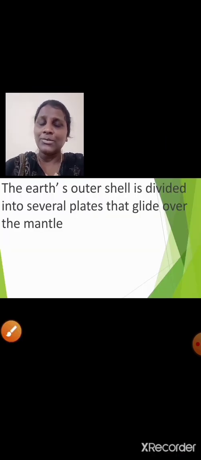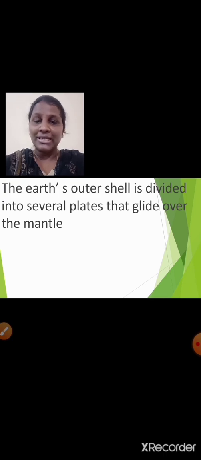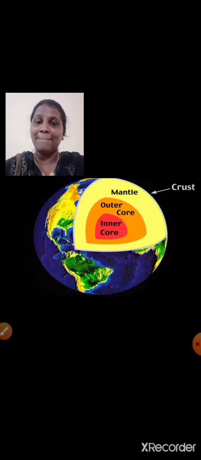Glide means move smoothly over the mantle. So you need to understand this term, students. We have seen major plates and minor plates that glide over, moving smoothly over the mantle. You can see the image over here, students.